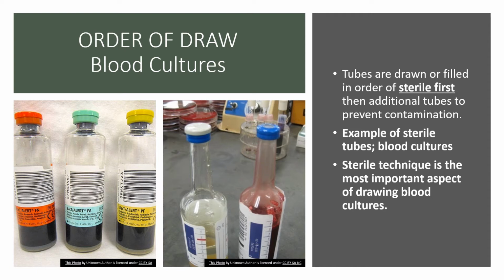And then, like I talked about earlier, there are different types of blood culture tubes and bottles. It's best to look at the label. There are aerobic and anaerobic blood culture containers. Now, what we like to do first is the aerobic. We like to draw those first because those are looking for bacteria that can grow in the presence of oxygen.